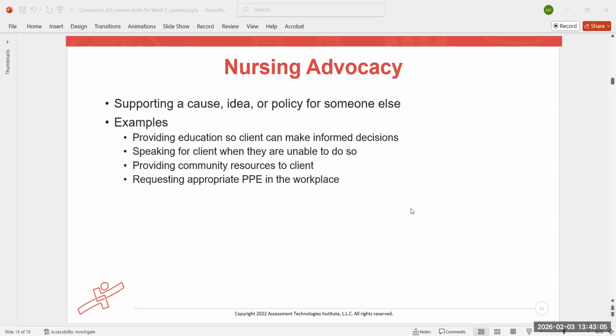Or if you're working within occupational health, looking within the workplace for safety for workers, specific to communicable disease, do we have appropriate PPE in place if something were to occur?